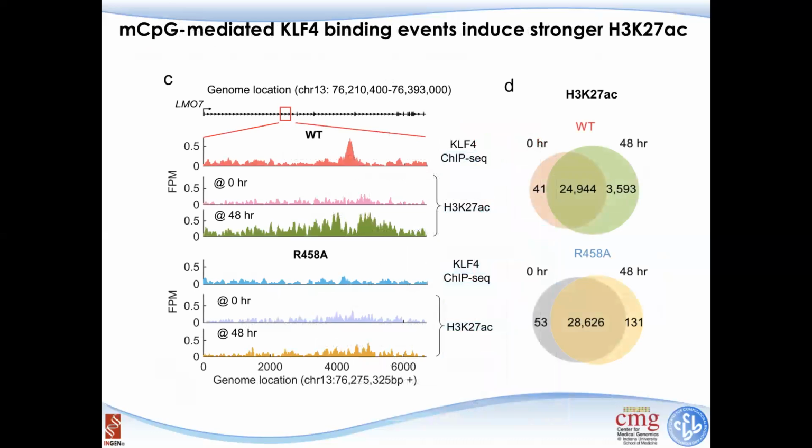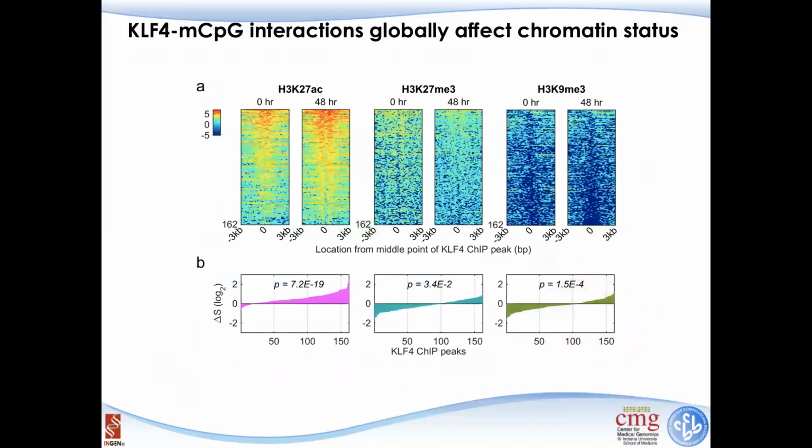If we mutate the methylated binding, from 0 hour to 48 hours the acetylation signal doesn't change at all. But only if we use the wild type, we can see after 48 hours we have much more acetylation signal. So this may give us a pattern.